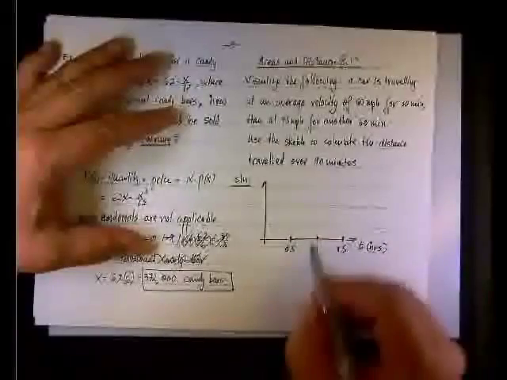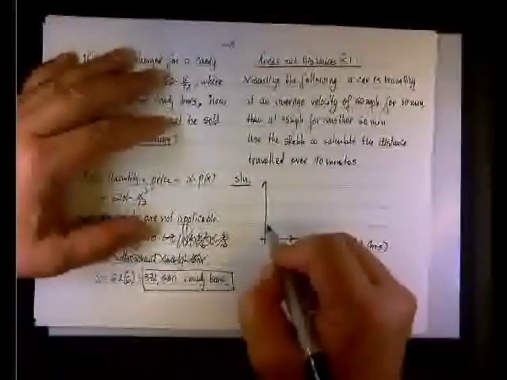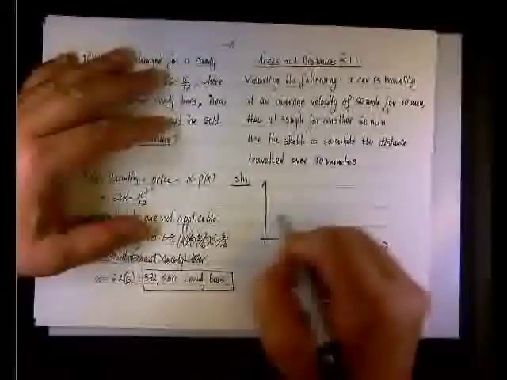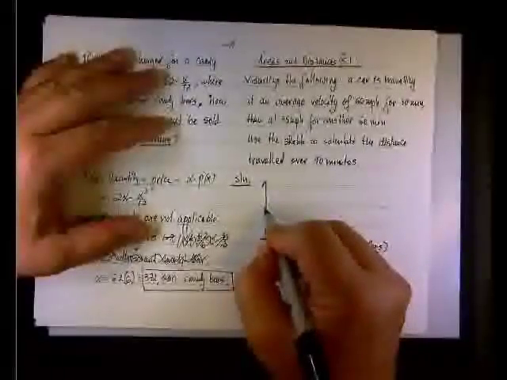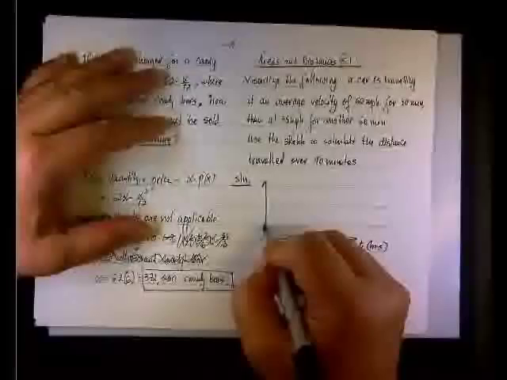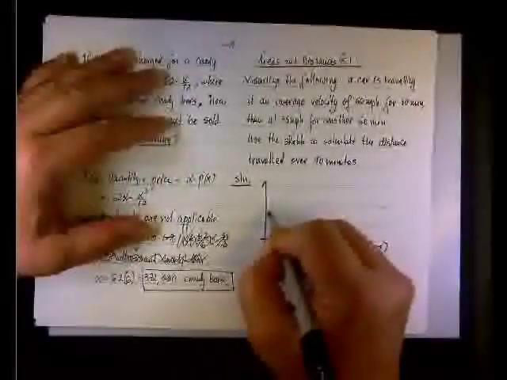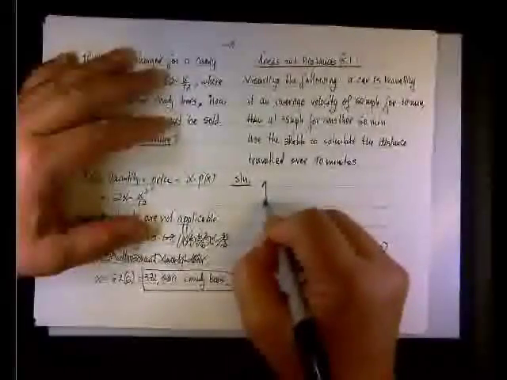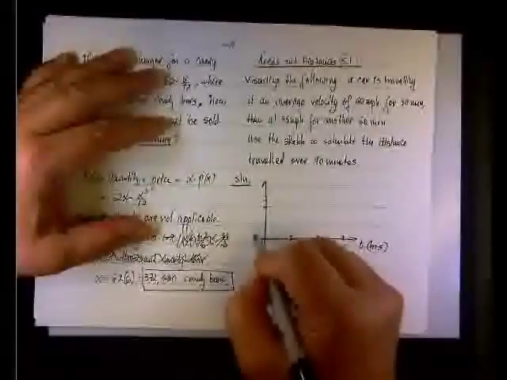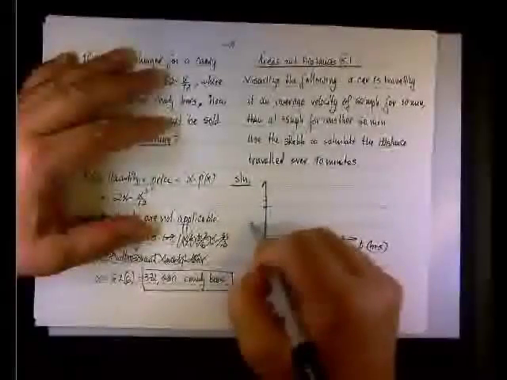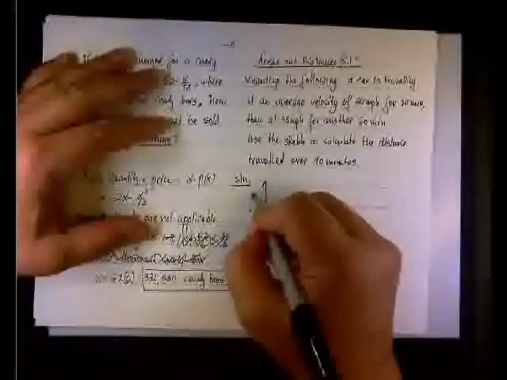Over this period of time, the car first initially travels at 60. So let's say this is 30, this is 60, and this is 90, and 75 is right in between.